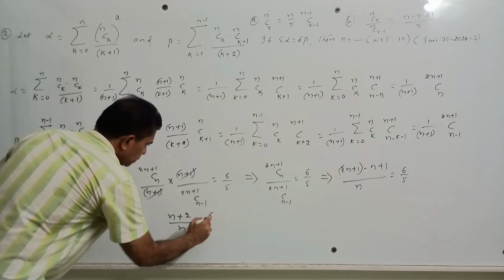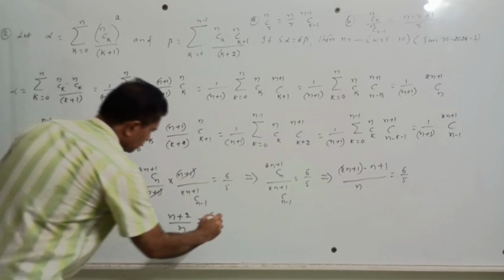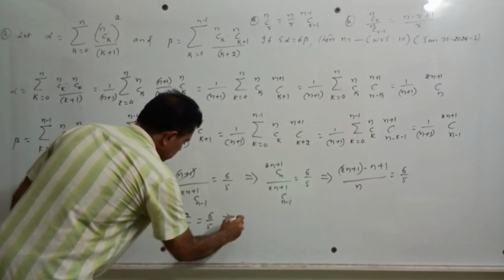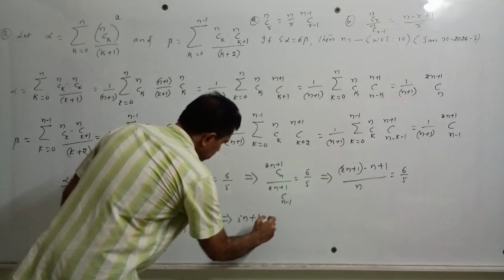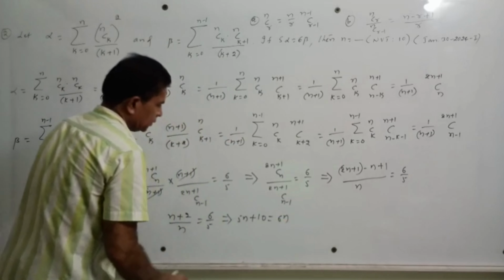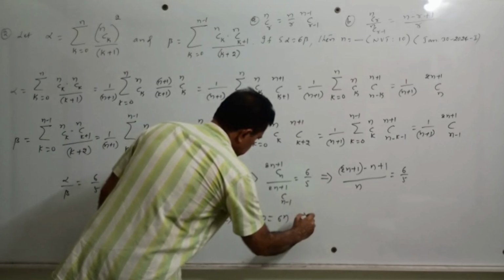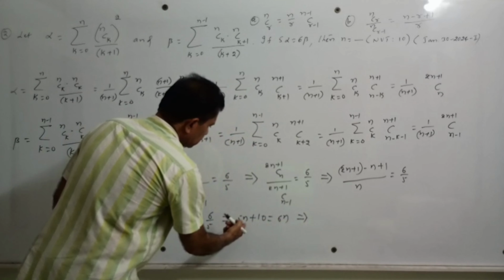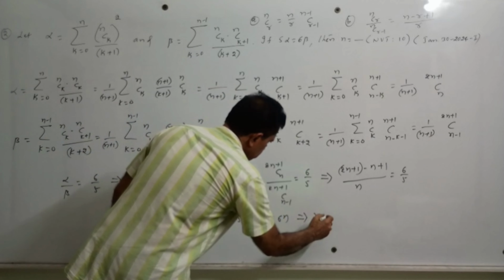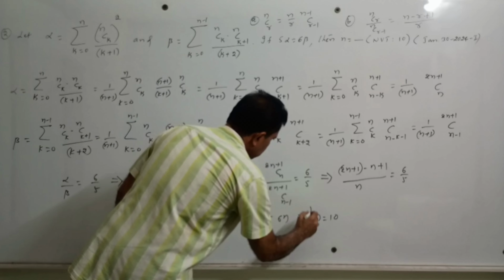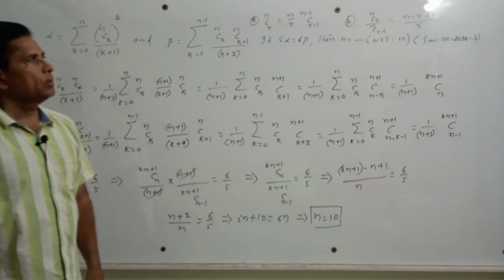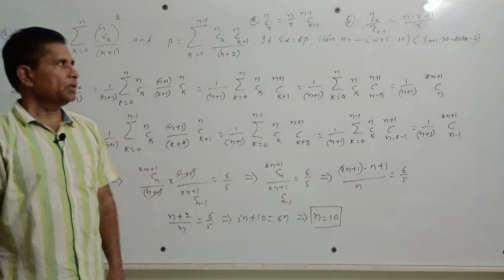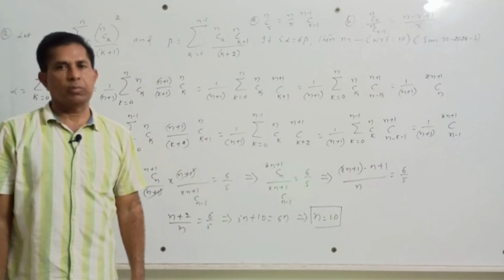This is equal to 6 by 5. By cross multiplication, 5n plus 10 is equal to 6n. Taking this 5n to the right side, 6n minus 5n becomes n. Therefore the value of n becomes 10. That is the solution to this problem.